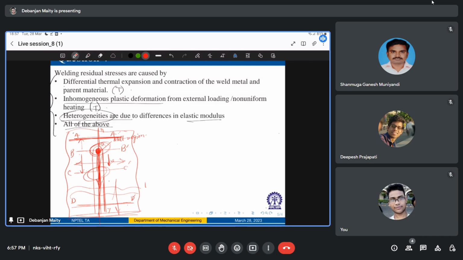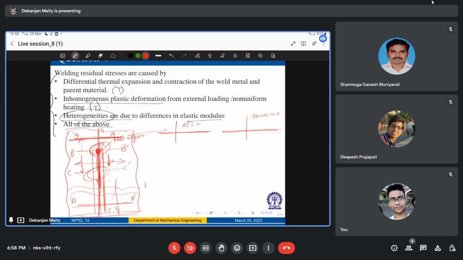For this AA cross section, there will be no change in your temperature, and so there will be no change in your stress also. Got it?